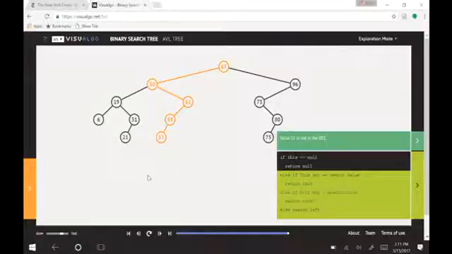Oh, I don't know. Probably they're unique keys. It's a good question. The question is, what happens if you insert duplicate keys? I don't know what this applet does. If you were using your binary search tree to implement a dictionary, then it would either do nothing or replace the value that was already there.